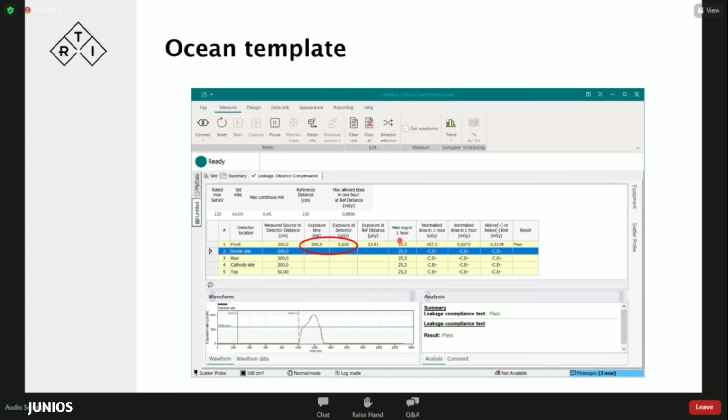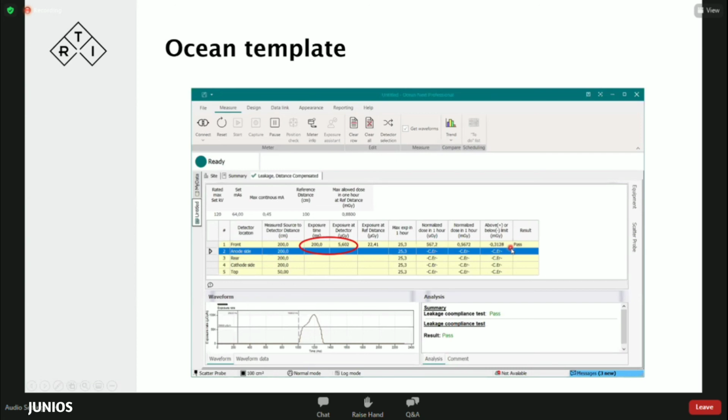And the template will also automatically calculate for you the maximum exposure in 1 hour based on maximum continuous mA. There's also normalization for those in 1 hour given in milligray. And also you have here the comparison based on the limit.